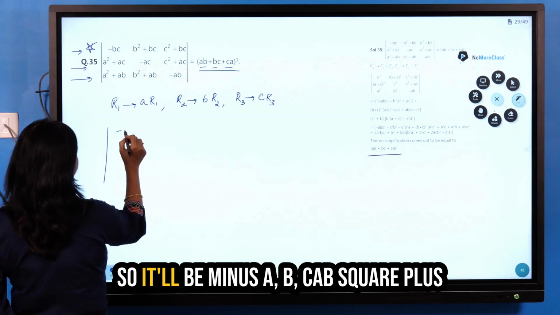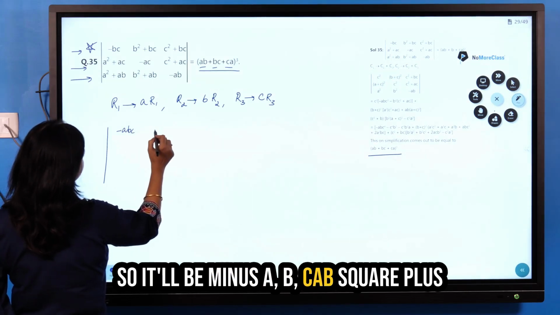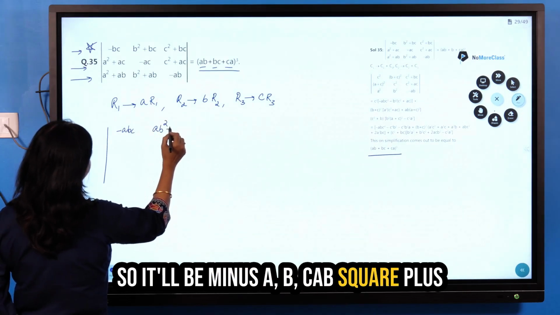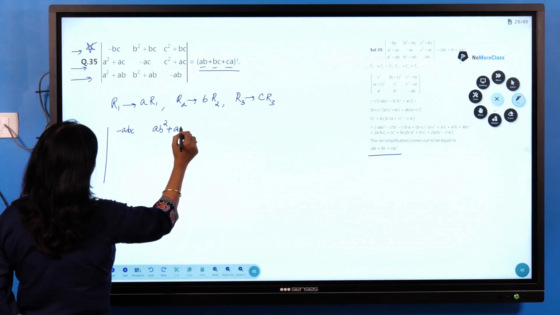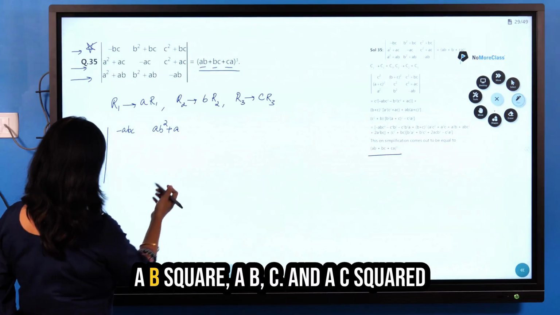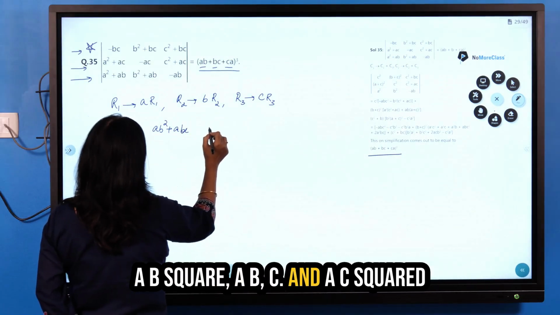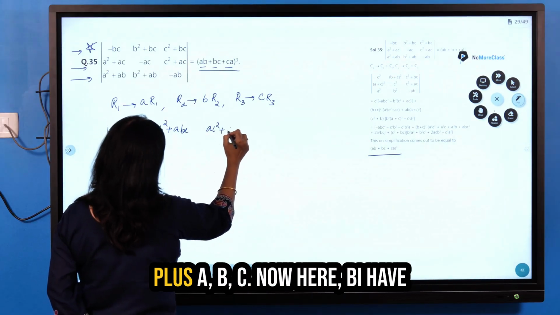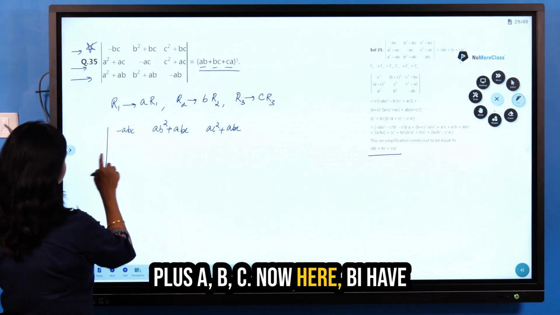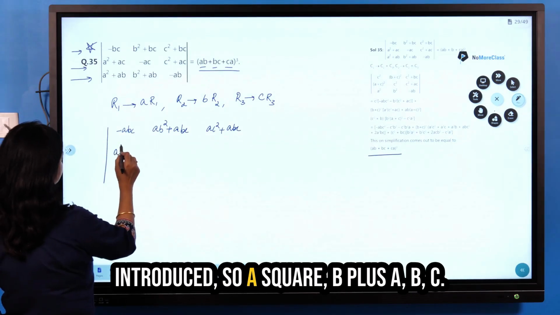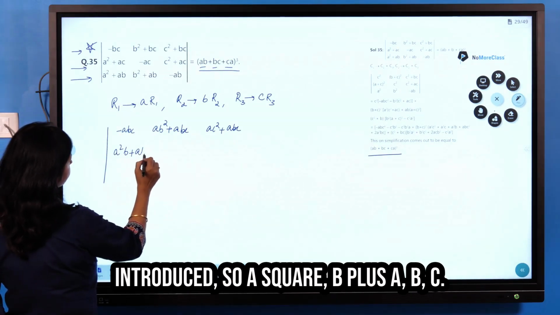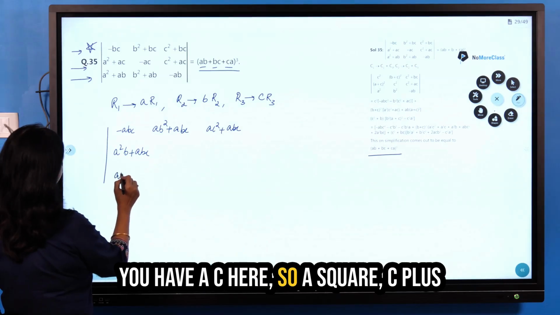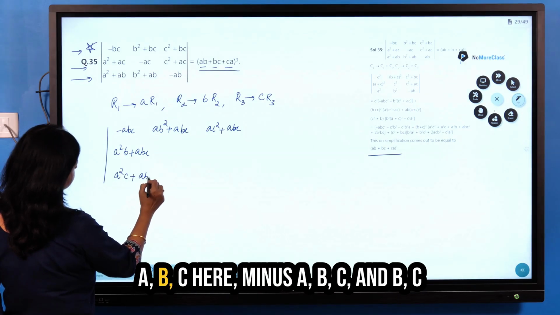So it will be minus ABC, AB square plus ABC, and AC square plus ABC. Now here B I have introduced, so A square B plus ABC. Here C is there, so A square C plus ABC.